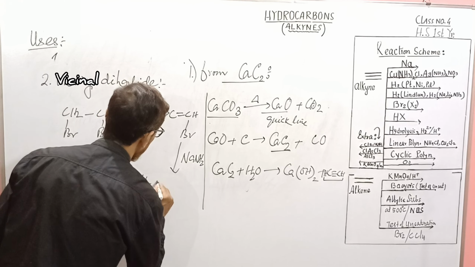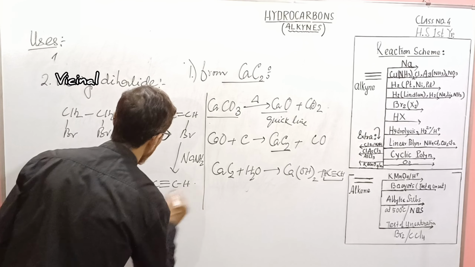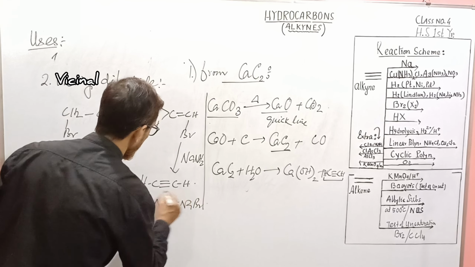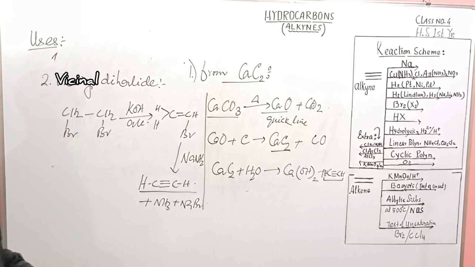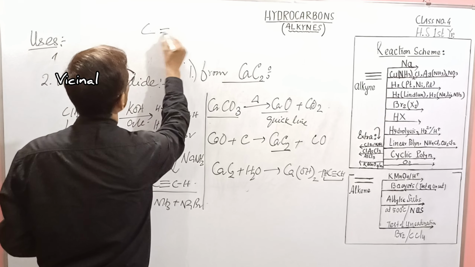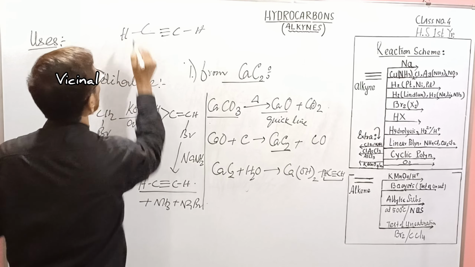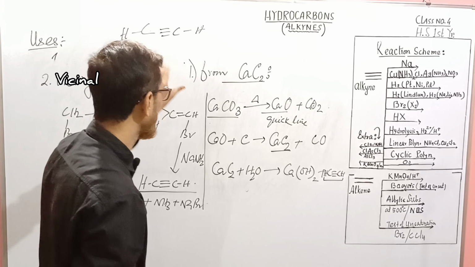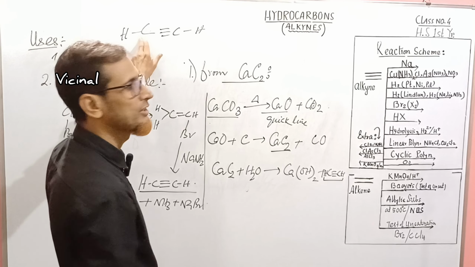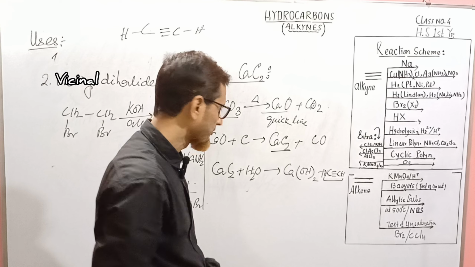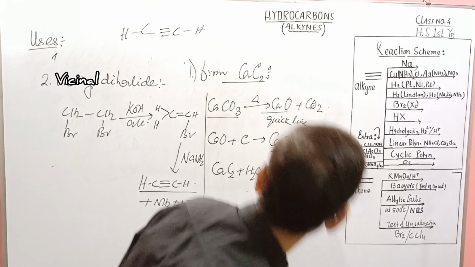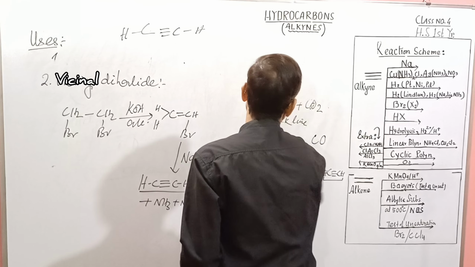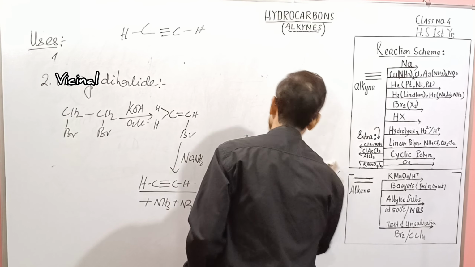So you get acetylene, C2H2. Its one name is ethyne and the common name is acetylene, the very famous name, very often used. So this is all about the preparation up to your level, as given in the text.